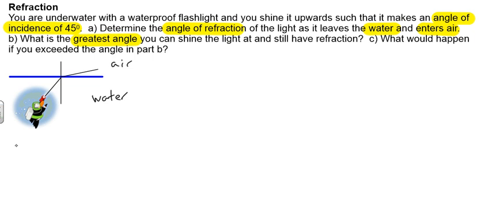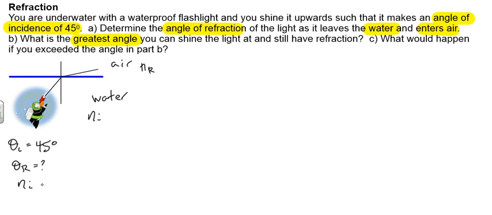So let's write down what we have. We know we have the angle of incidence. The little i means incidence, 45 degrees. We're looking for the angle of refraction. We know we have water, so water is our incident material, coming from this side. So this is going to be our Ni, and this will be our Nr.